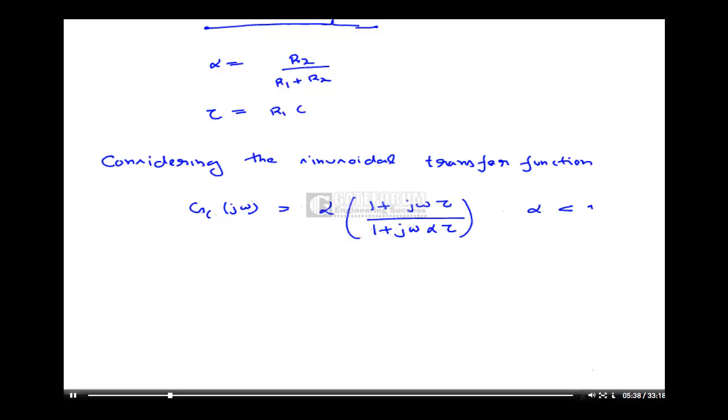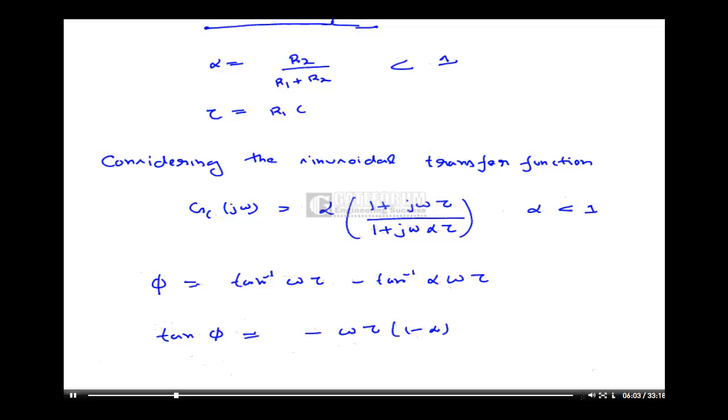Alpha value is always lesser than 1. Now I can find phi is equal to tan inverse omega tau minus tan inverse alpha omega tau. This gives tan phi equal to omega tau (1 minus alpha) over (1 plus alpha omega square tau square).